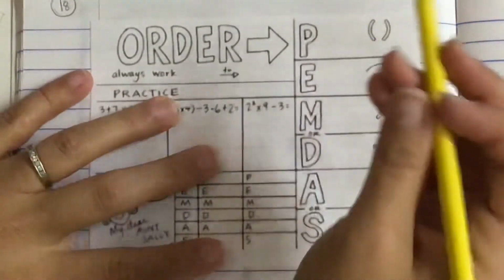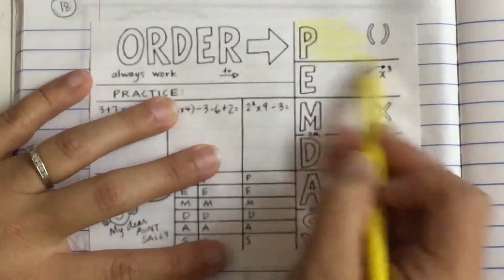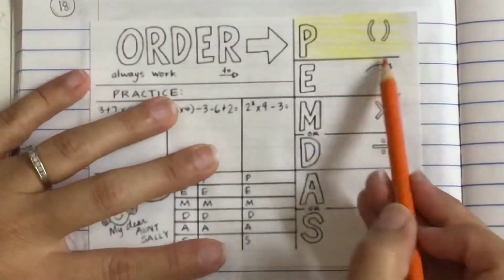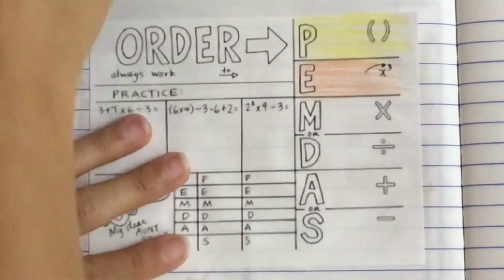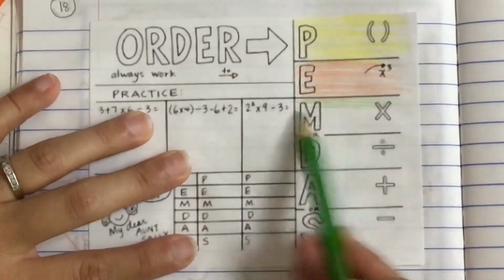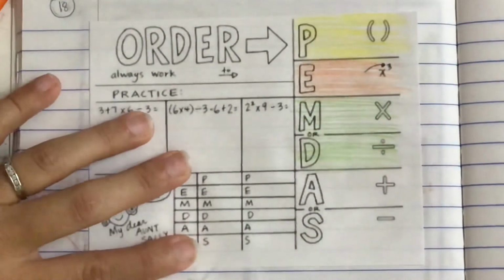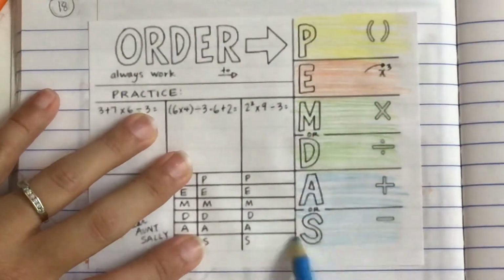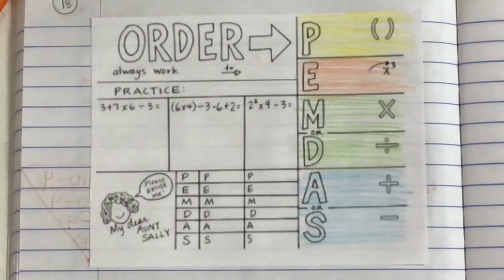Okay. So we're going to color code the P one color. We're going to color code the E another color. And then our M and D are going to be the same color. And then A and S, addition or subtraction, those two are also going to be clumped together in the same color. Okay, so 4 colors there.